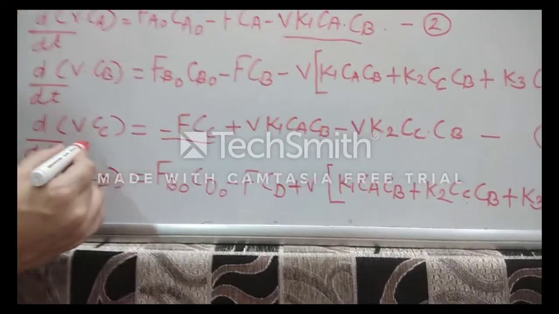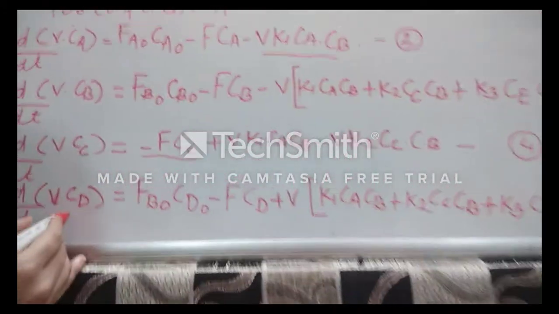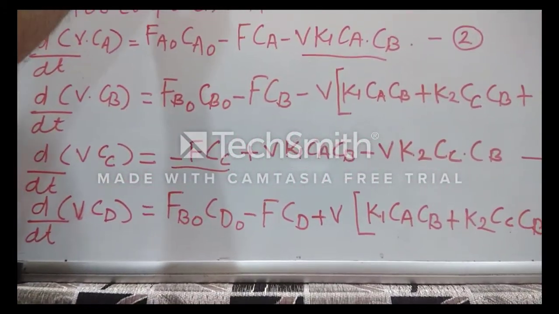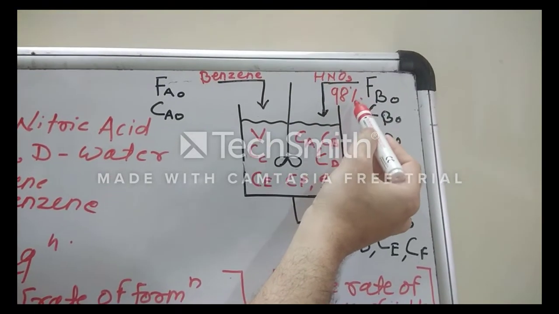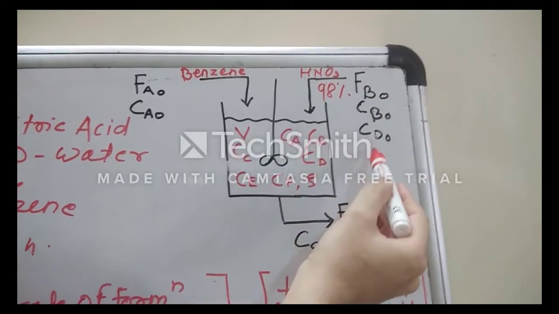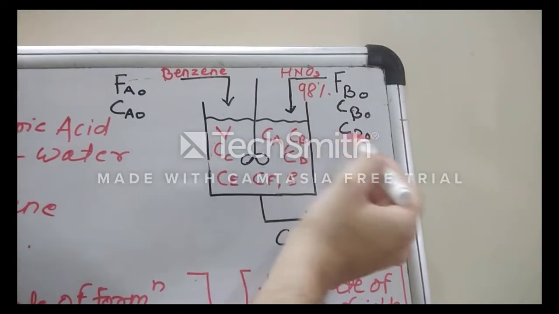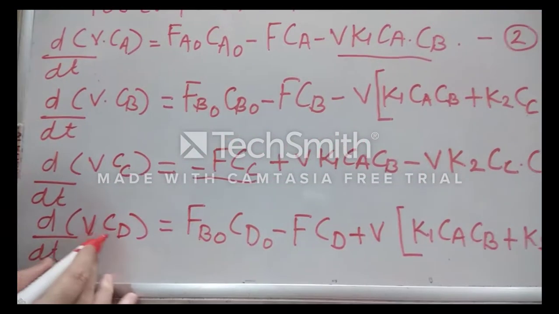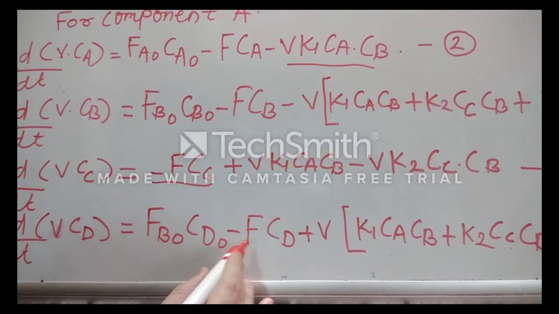Now similarly we can write the equation for component D. D is nothing but water, and you can see D is present in all three reactions. Similarly, some D, that is water, is also present in the nitric acid stream having flow rate Fb0 and concentration Cd0. So for this case we will have this inlet stream concentration also. So here we have the equation d by dt of V into Cd is equal to Fb0 into Cd0 minus F into Cd.